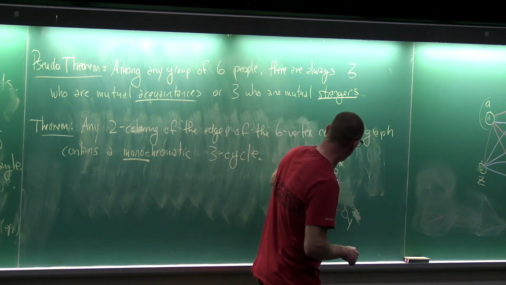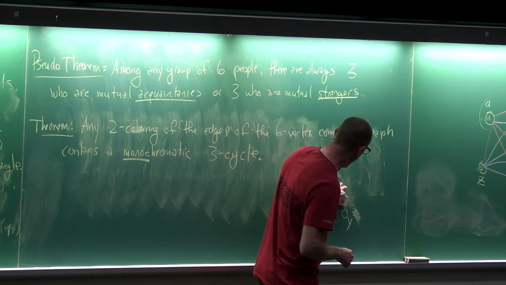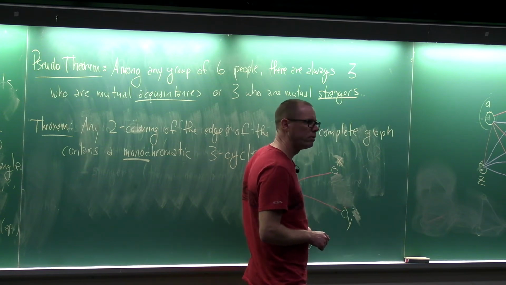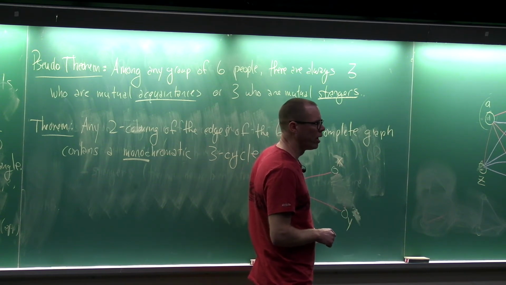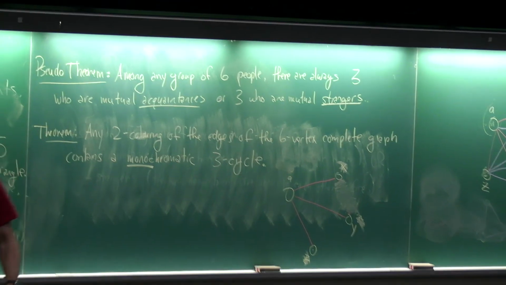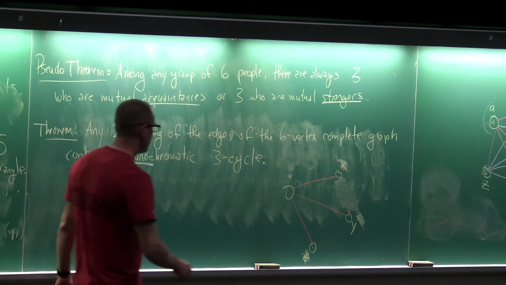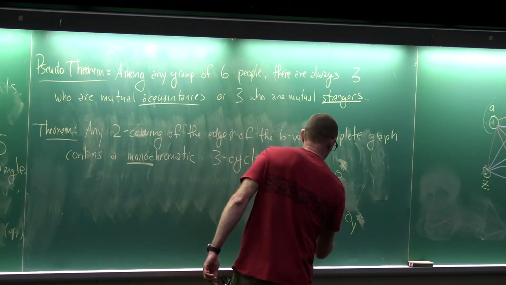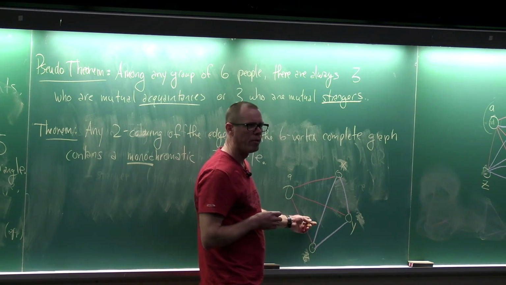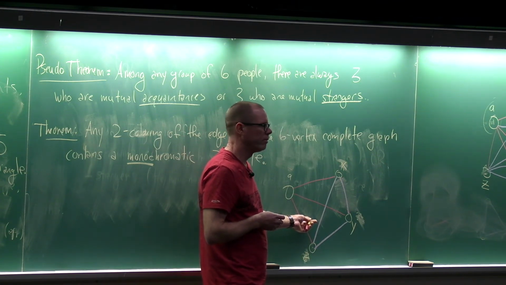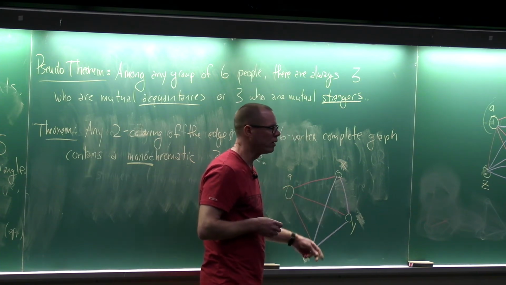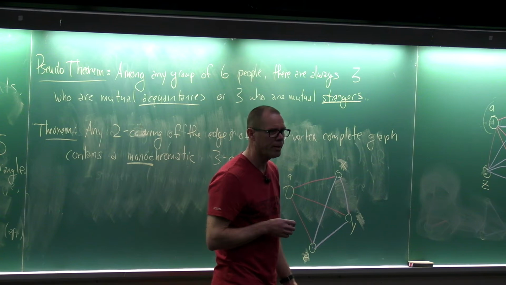Yeah. So if there's no red edge between these three, that means all of these edges are not red, but there's only one other color, which is purple. So the only other thing that could have happened is this is purple, this is purple, and this is purple. And what did we find? There's a monochromatic 3 cycle.